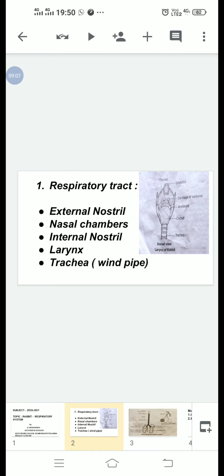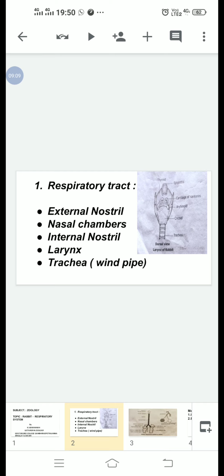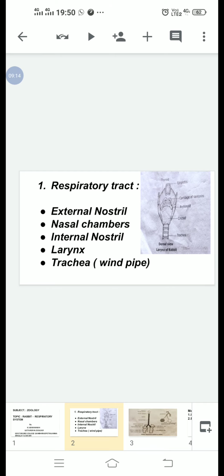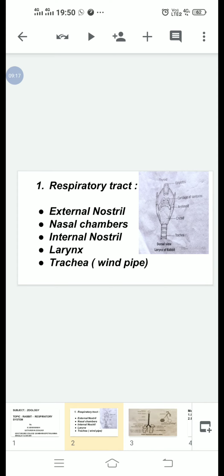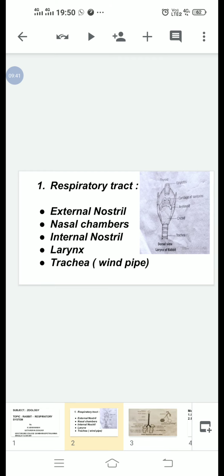Trachea is a wide, thin-walled tube that passes through the neck on the ventral side of the esophagus and enters the thorax. On entering the thorax, trachea bifurcates into two branches called primary bronchi.